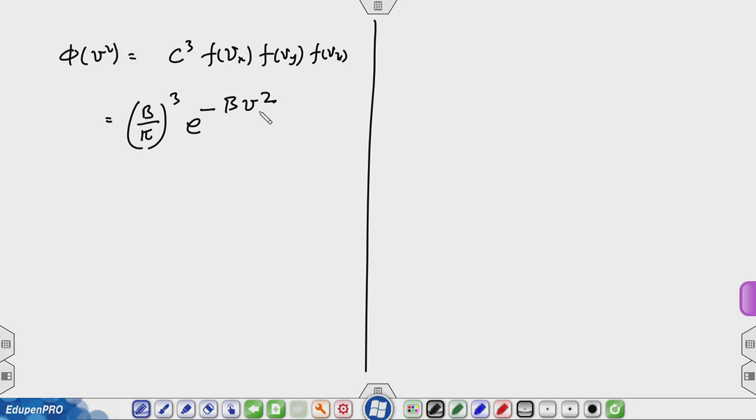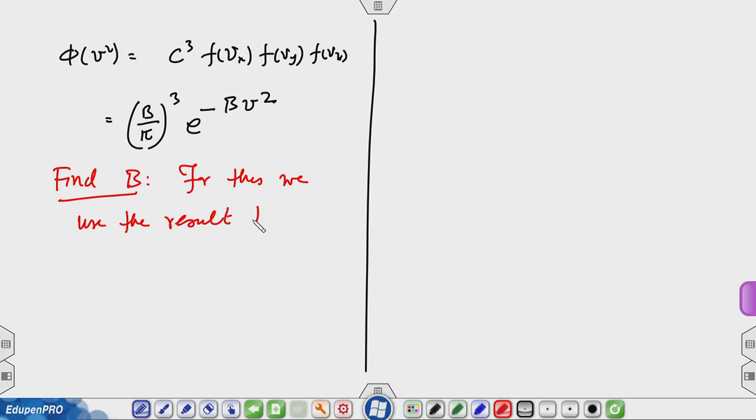Next, we want to find b. For this, we use the result that v square bar is equal to 3 kT by m. And now calculate v square average through this.